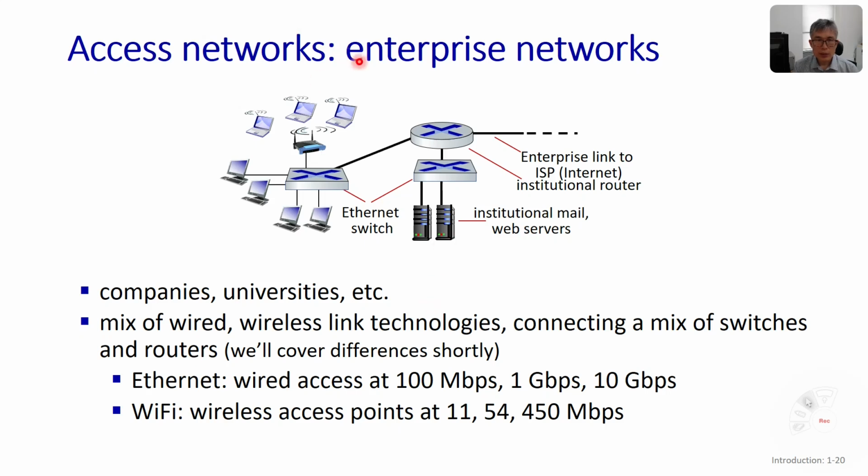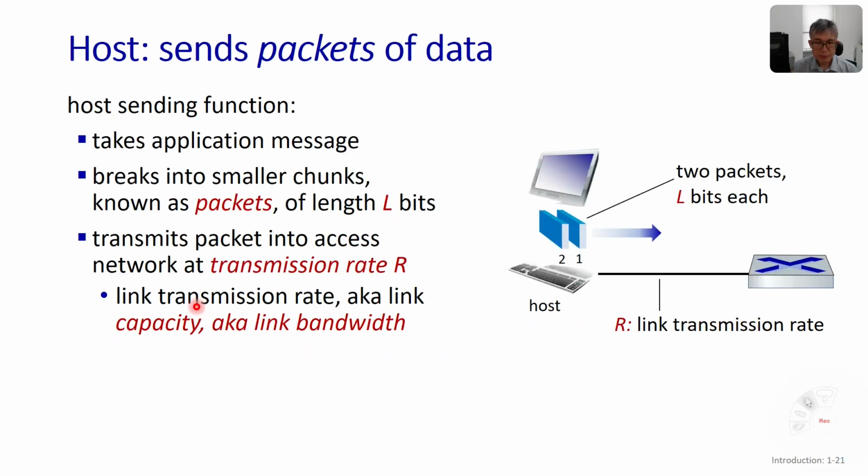Another access network is the enterprise network, like a campus network. Many network switches or routers are used to connect access networks in the campus departments. And the host sends packets of data. In that case, we can calculate transmission time.